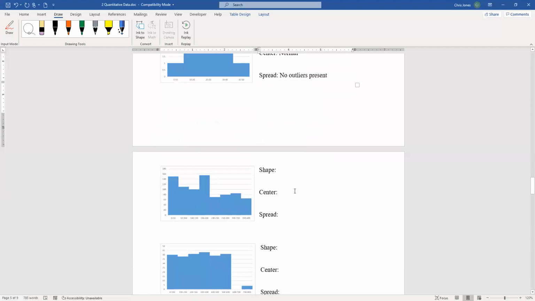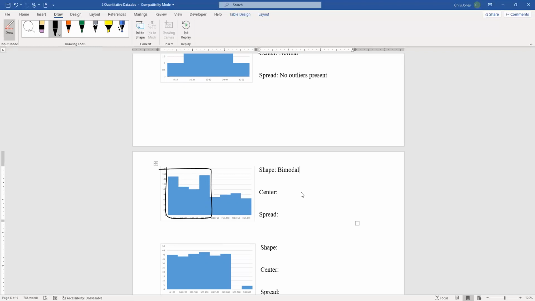A second example. We have this type of graph. Now notice that there are two distinct peaks. There's one here that's a peak and one here that's a peak. The rest of them dip down, so we can't necessarily say that they're peaks. So this one's going to be a bimodal graph. It looks like more of the data is on the left side of the graph as opposed to the right side.